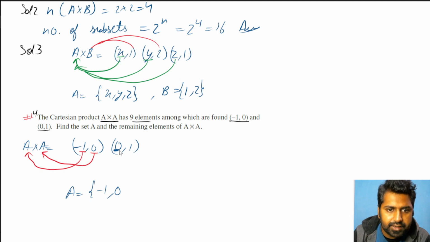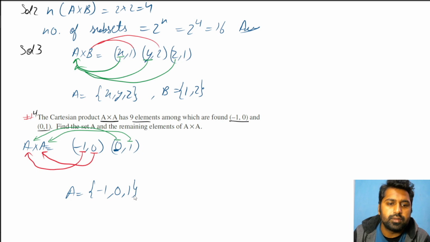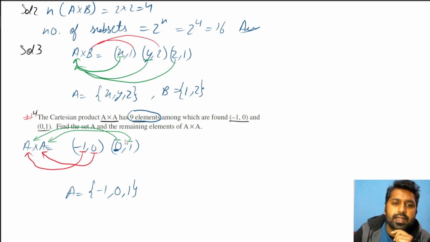Again, from this I conclude that the first element comes from A and the second one also comes from this A. So 0 we have already written, so I don't have to write it again. So what is left? 1. So minus 1, 0, 1. So A has 3 elements, and this satisfies this condition also. If A has 3 elements, then only A cross A will have 9 elements. 3 into 3, 9.